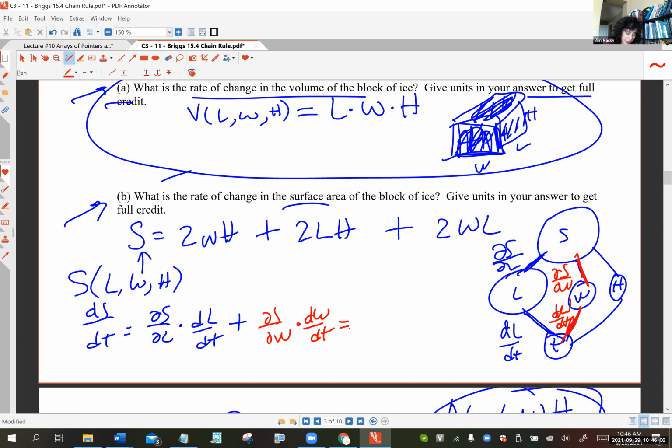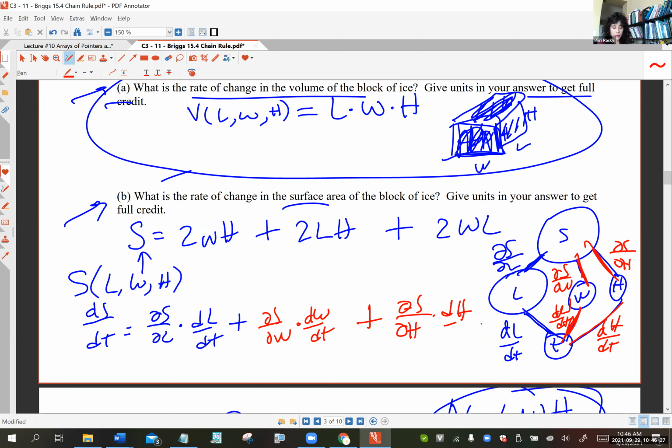Oops, that's a plus, not an equal. Sorry, too fast. Plus, and then the last big old tree branch here. Take the partial of S with respect to H, and then multiply that by dH dt. Okay, so we got all the ingredients.